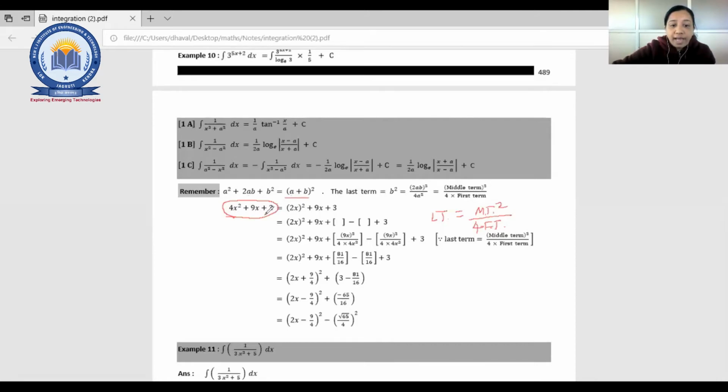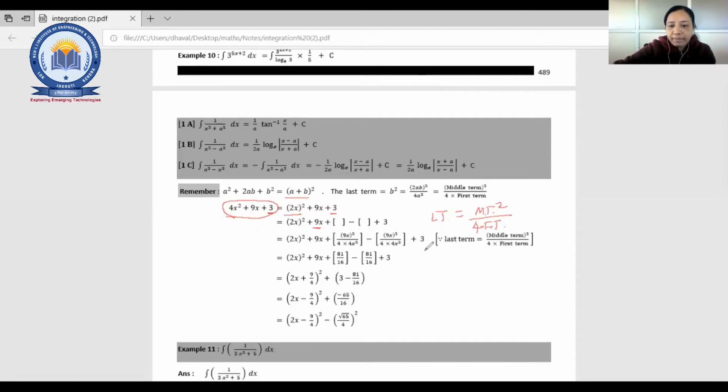Fine. Now what happened here? The last term is not proper. So what will I do? I will try to rewrite it. So 2x square, because 4x square means (2x) whole square, plus 9x plus 3. Now the last term I need to write in such a way that I get the middle term like this, 9x.